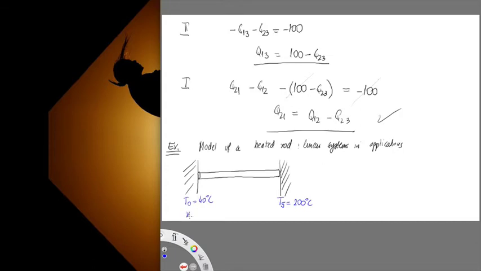And they're separated by 10 meters. Okay, so they're a distance of 10 meters apart. So T0, T5 held constant.